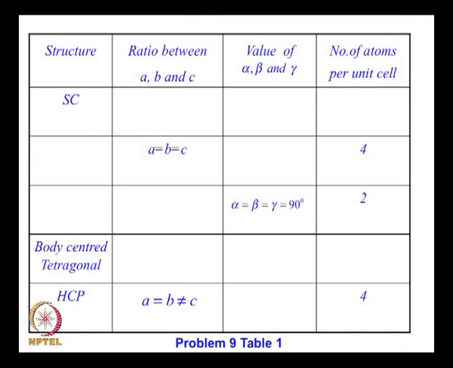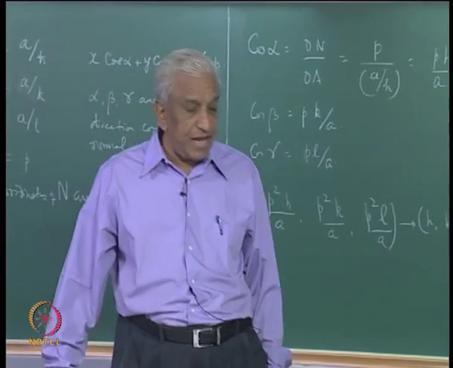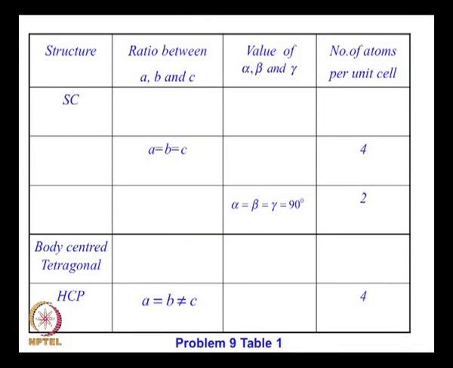The next problem is in the form of a table in which we are given different structures and asked to fill in the blanks for a table which gives the structure, the ratio between a, b and c, the values of alpha, beta and gamma and the number of atoms per unit cell.